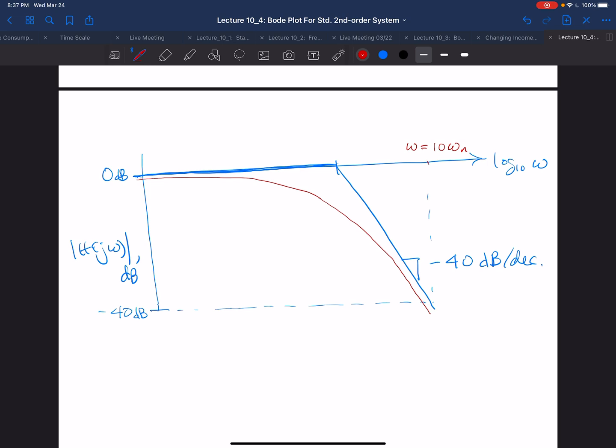So if zeta were large, close to 1 for instance, it might look like this. As zeta gets smaller and the system becomes more and more lightly damped, you can get a peak in your magnitude curve. That would look something like this. Now it's easy to check for this peak. It's just a matter of differentiating the expression for the modulus of H of j omega, in decibels if you like.